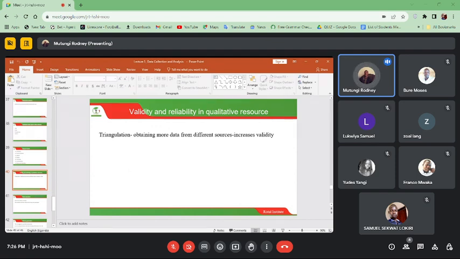It will increase the likelihood that the findings of our study can be generalized to the general population which we are looking at.